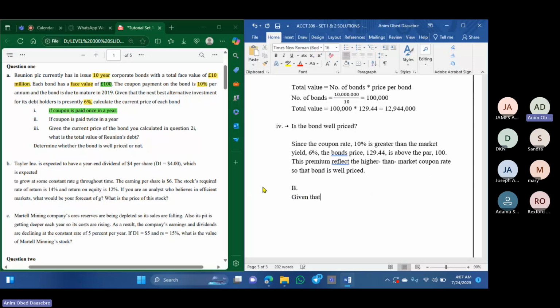We are given D1, the expected dividend, which is $4.